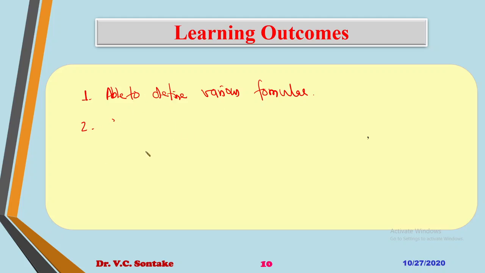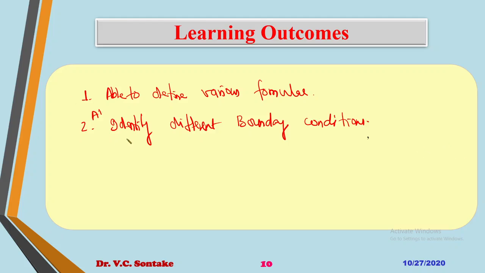And second, you will be able to identify different boundary conditions like constant wall temperature boundary condition or constant heat flux boundary condition. These are the two learning outcomes of this video lecture.